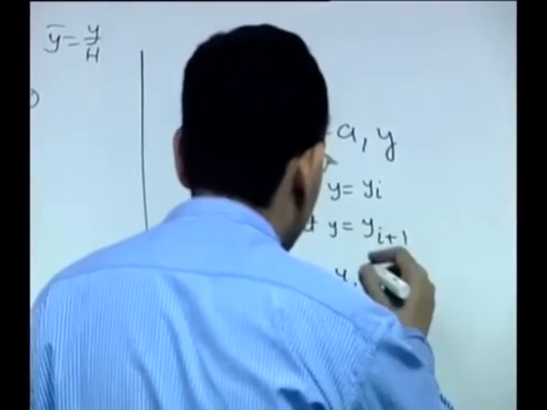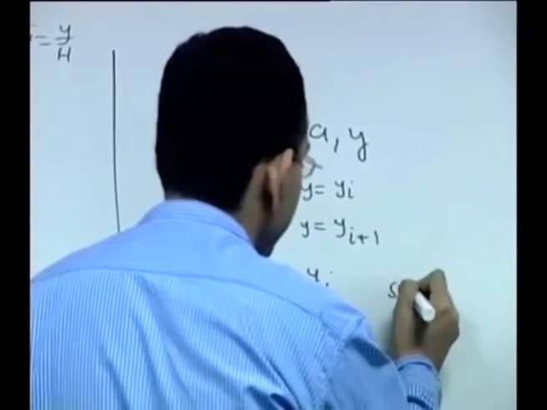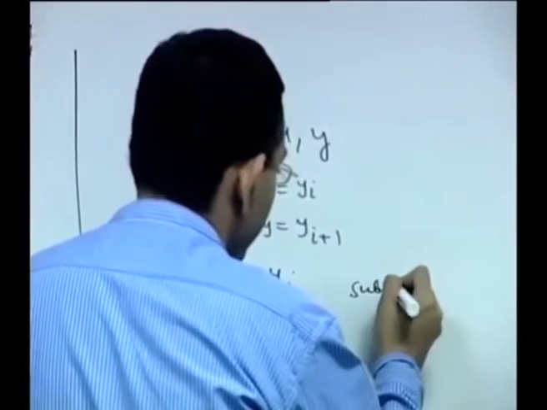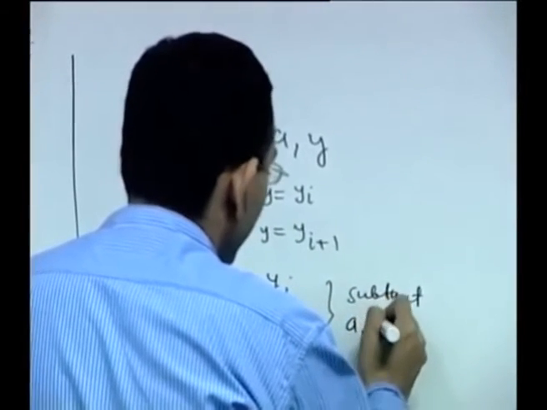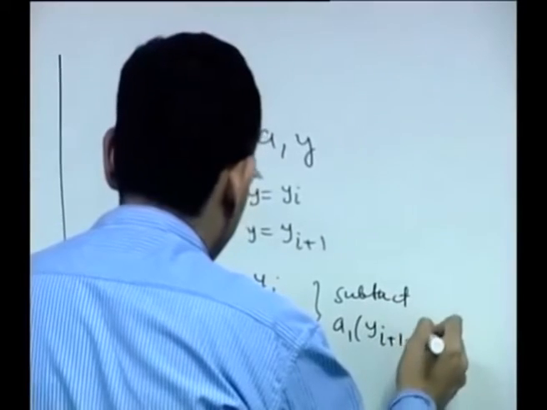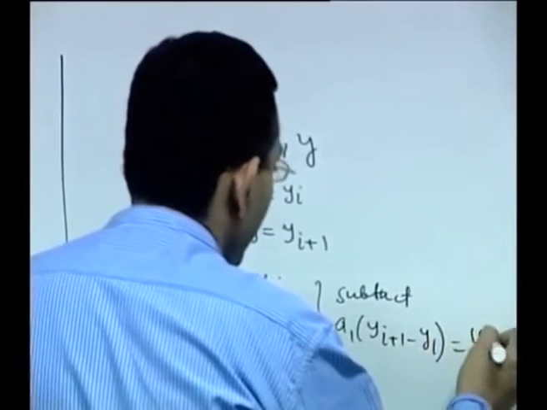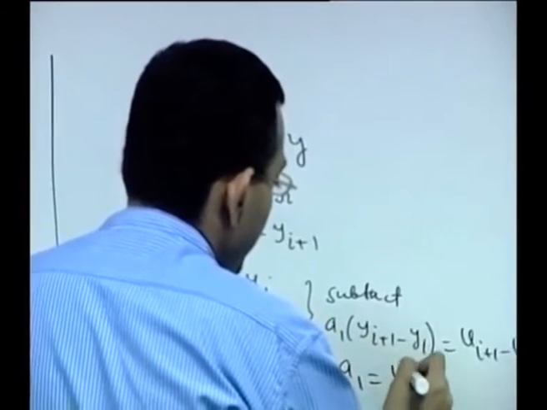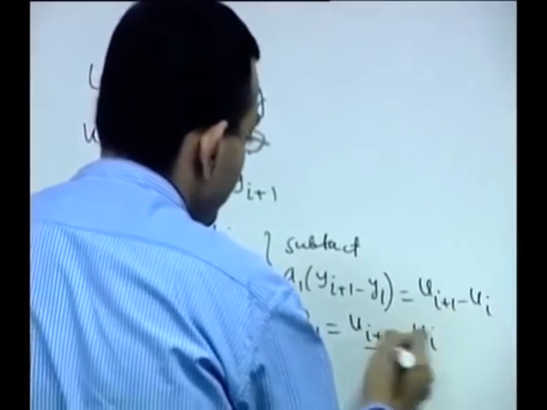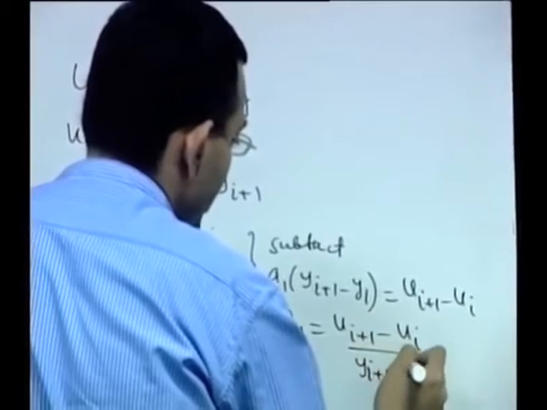To find a1 we just subtract, so a1 into (y_{i+1} minus y_i) is equal to u_{i+1} minus u_i. So a1 is (u_{i+1} minus u_i) by (y_{i+1} minus y_i).